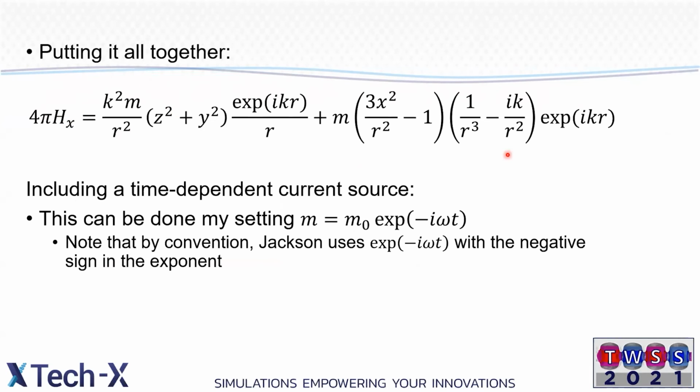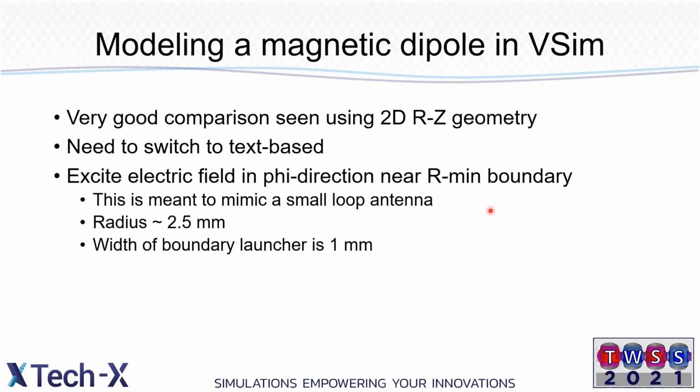And this is what you get. And then I coded this up in Python, remembering the convention that Jackson uses e to the negative i omega t for time varying sources. So in this equation, I set m equal to m naught e to the negative i omega t. And I solved this in Python. You could do this in any language you want. And my goal was to compare with my dipole model in VSim.